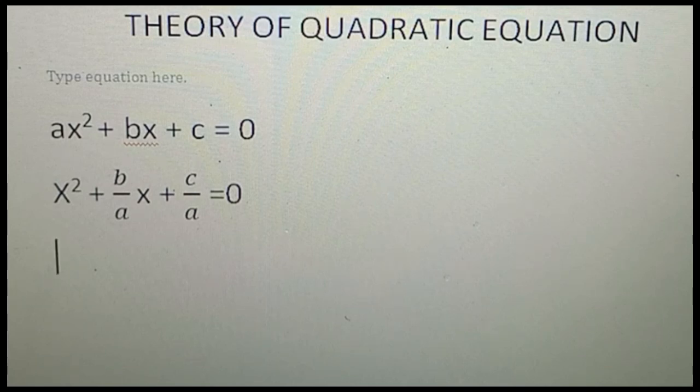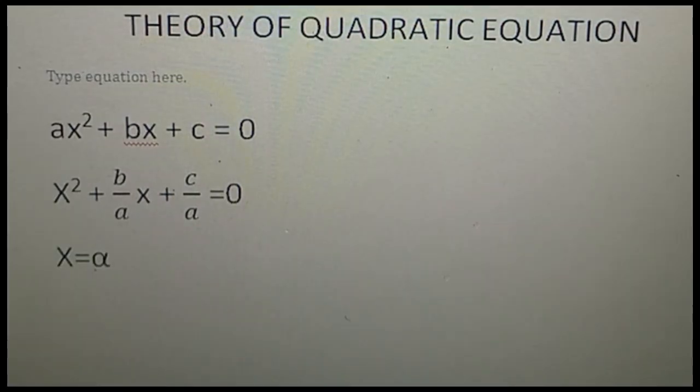If the equation has roots alpha and beta, then it is equivalent to saying x equals alpha and x equals beta.